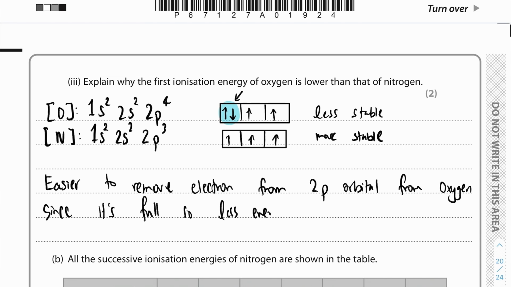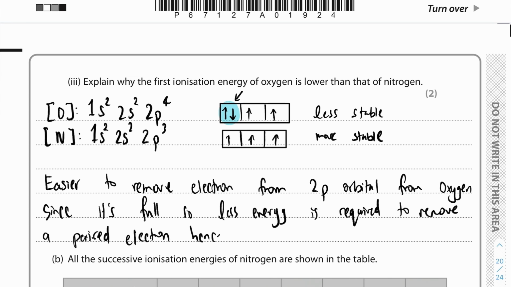Less energy is required to remove a paired electron. That's it. Hence the ionization energy of oxygen is less than nitrogen. All right.